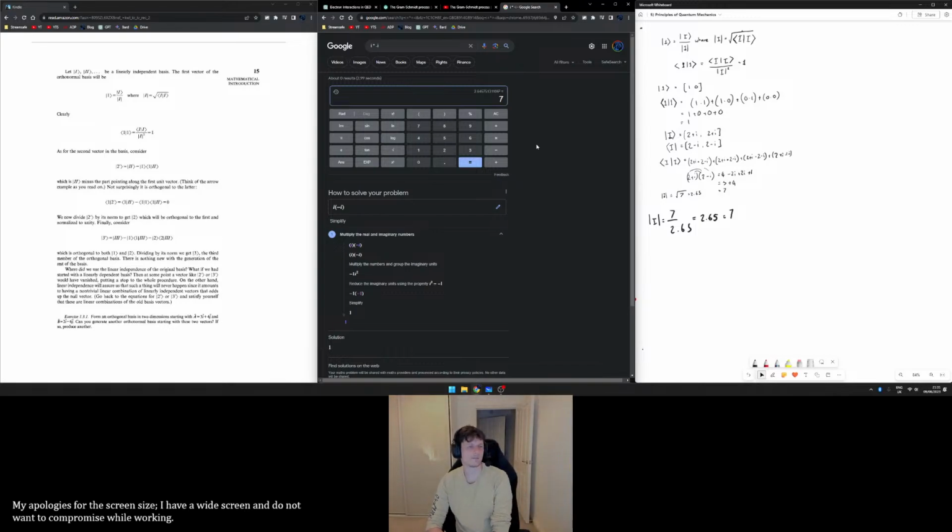So the inner product is 7, and then we're doing 7 divided by 2.65. 7 divided by 2.65 is 2.65. 7 divided by square root of 7, and then we square it again. And then it's going to be 7 divided by 7 is 1. Okay, cool, we got it.